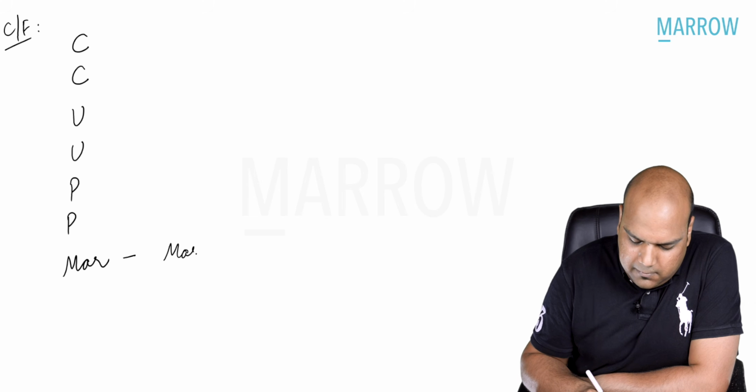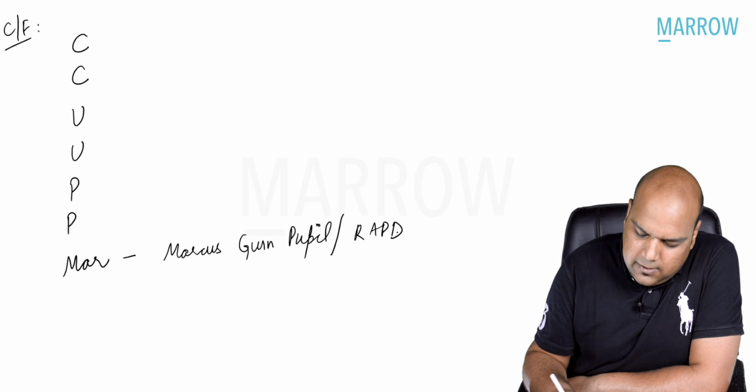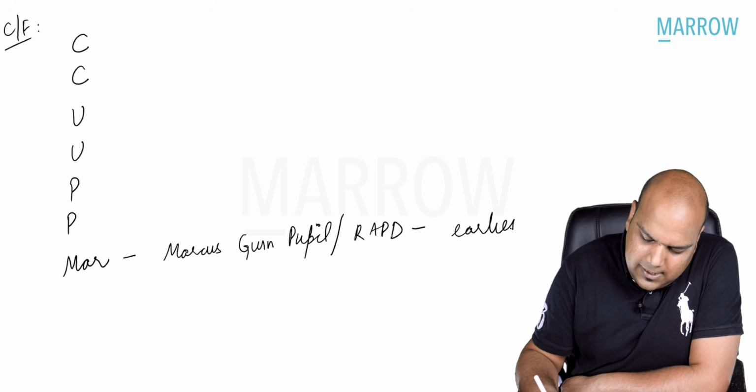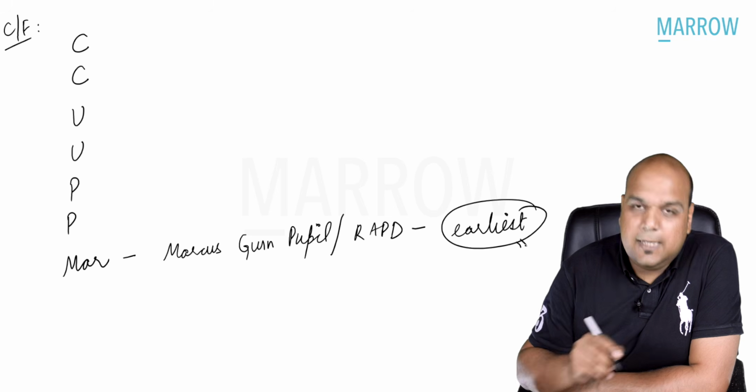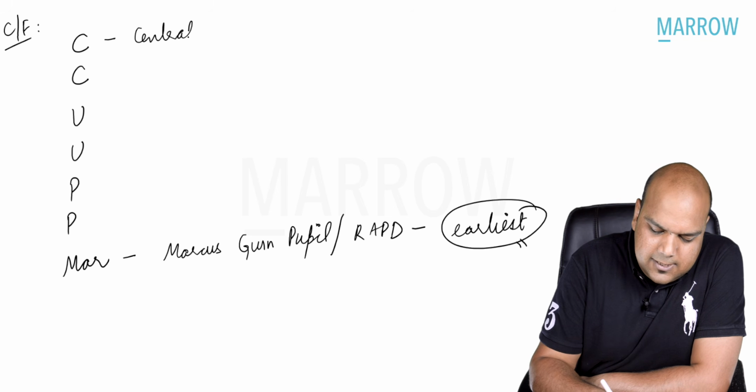Mar for Marcus Gunn pupil, also known as RAPD, which we know is the earliest sign of a case of optic neuritis. Along with that, C is for central scotoma, guys.